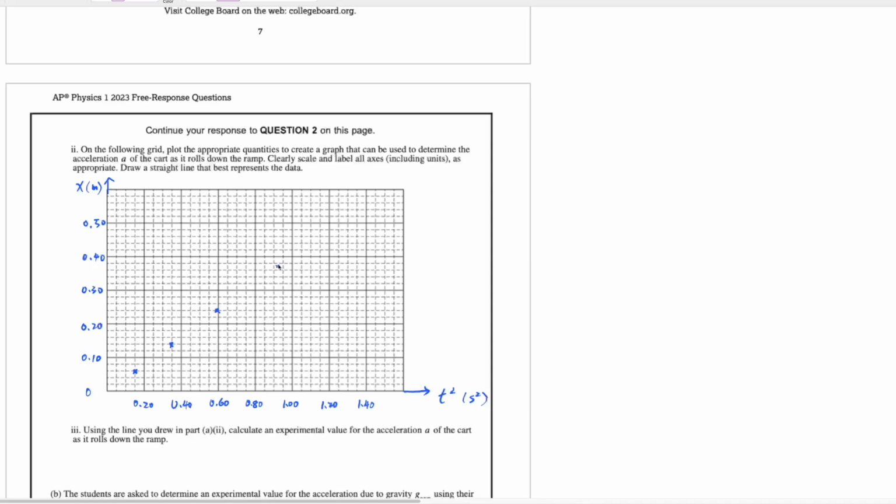It's about here. And the next one, 0.55, 1.44. So 1.44 is around here, and 0.55 is around here.